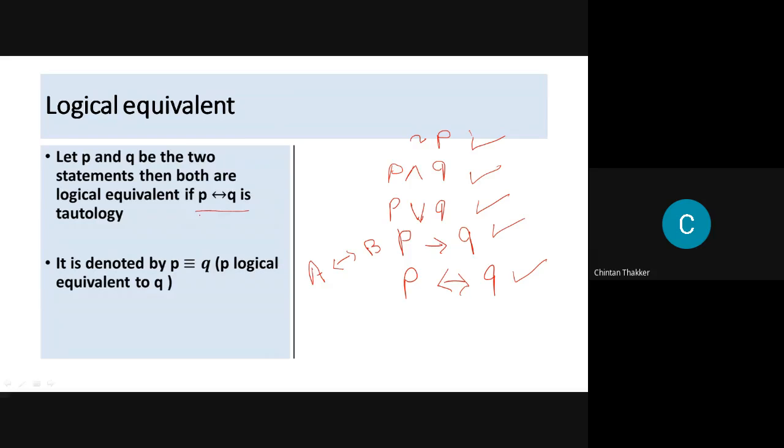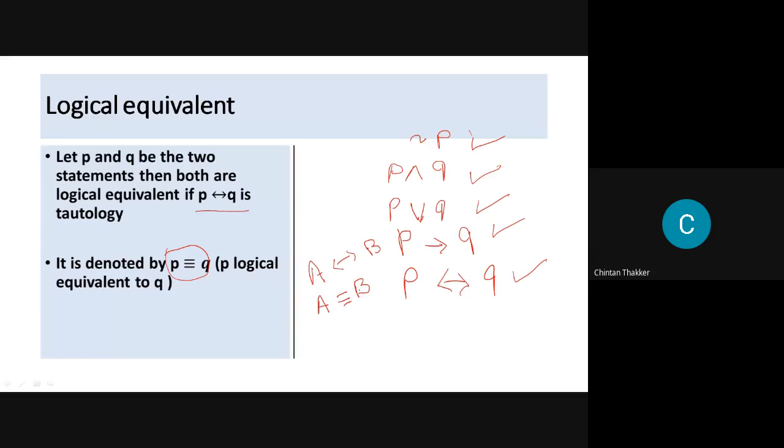Then P and Q are logically equivalent and it is denoted by this notation. This is the notation for logical equivalence. Here, if we talk about A and B, then A is equivalent to B. This way we can express the logical equivalence.